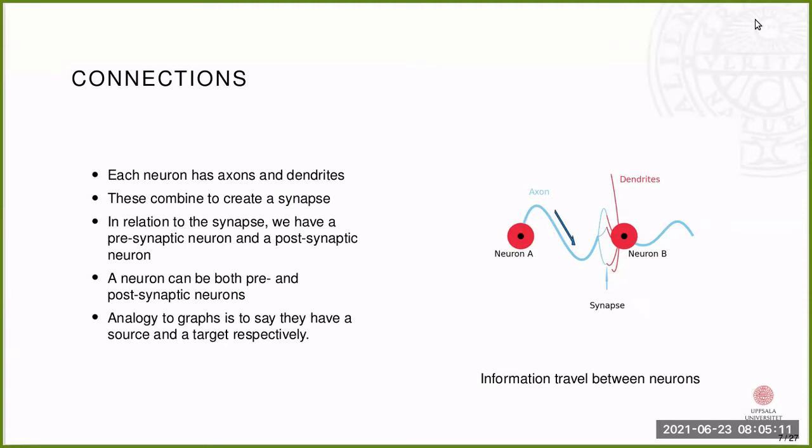In relation to this synapse, we have a presynaptic neuron and a postsynaptic neuron. The information can travel from the presynaptic neuron through to the postsynaptic neuron. As an analogy, we can say neuron A in this instance is a source, and neuron B is our target. And this happens all through the connectome, so it's fully connected.